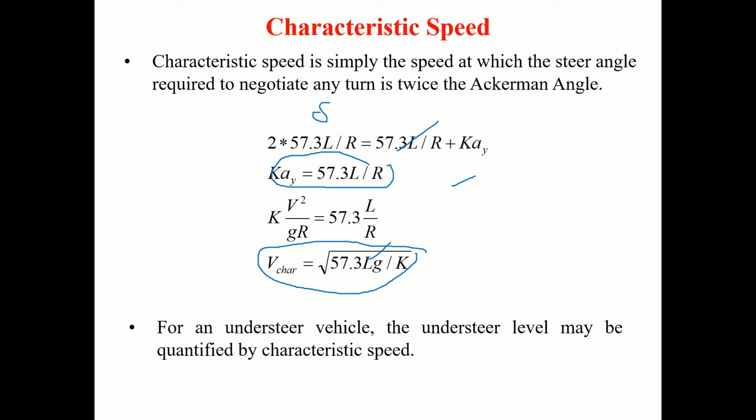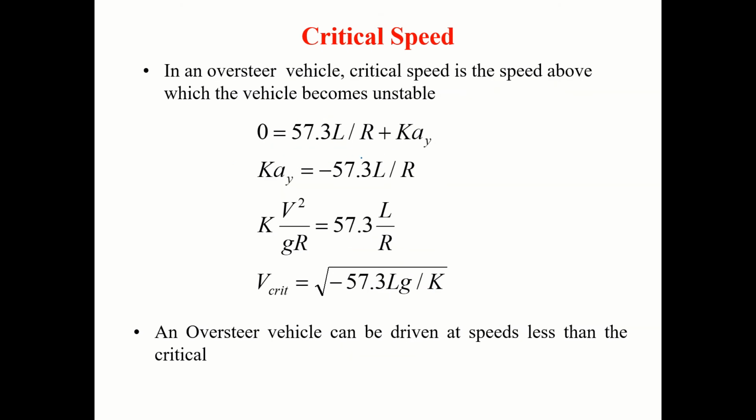You know wheelbase length, understeer gradient, you know G, then we can find out the characteristic speed. Critical speed means where delta becomes completely zero.